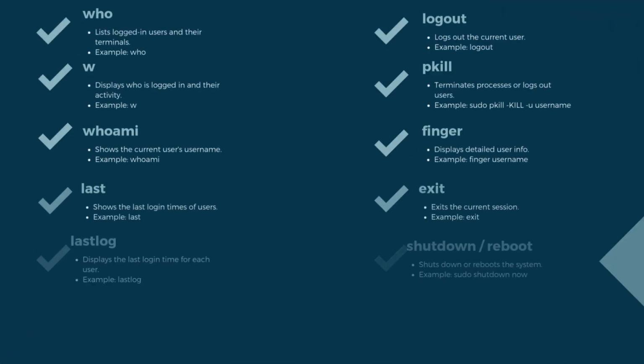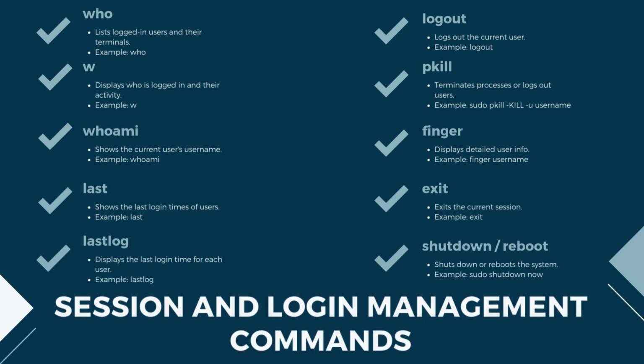My next slide tells us about session and login management commands. First command is who: list logged in users and their terminals. Second is w: display who is logged in and their activity. Third is whoami: show the current username. Fourth is last: shows the last login times of users.